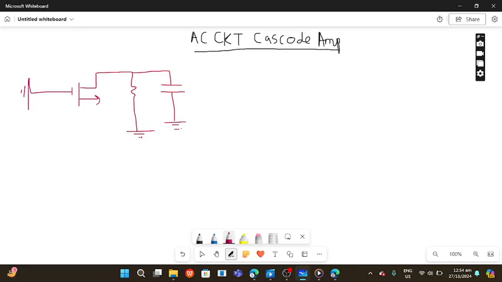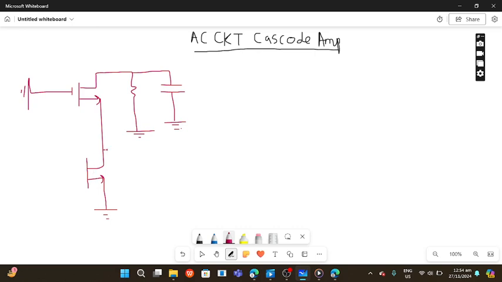This one is connected to the drain of another amplifier, and this region, you can say, is the common source.